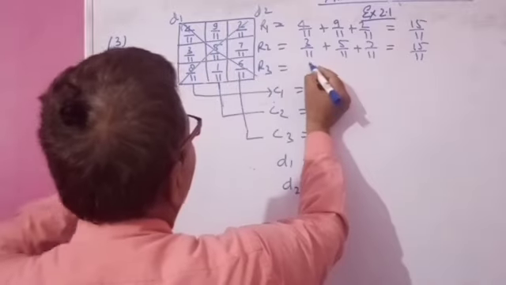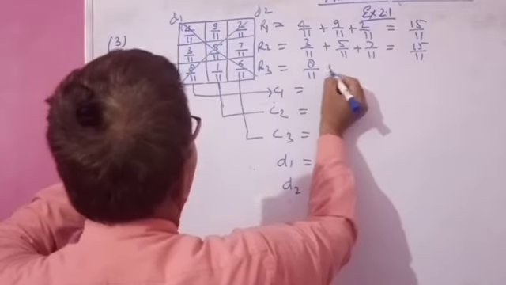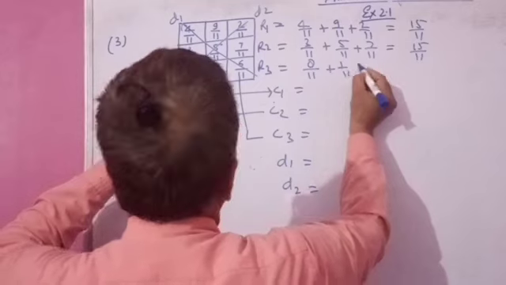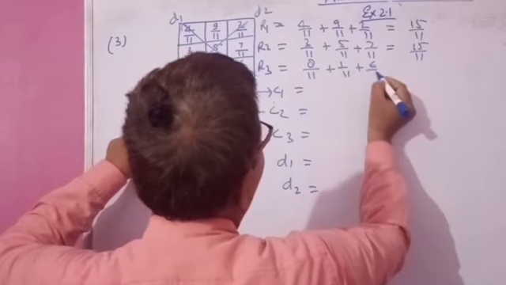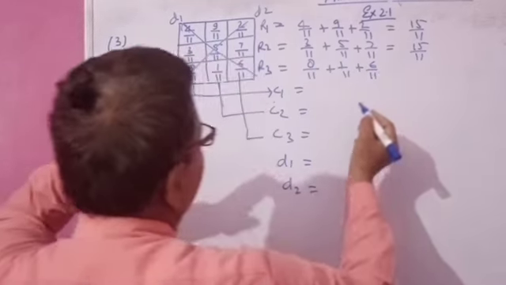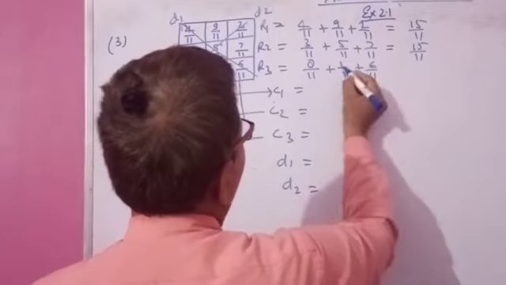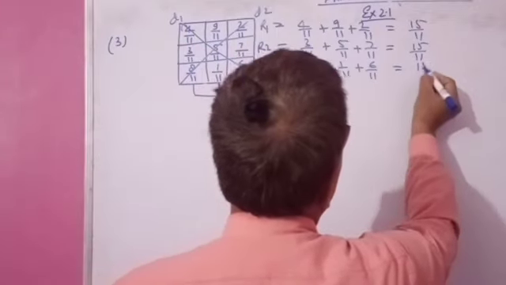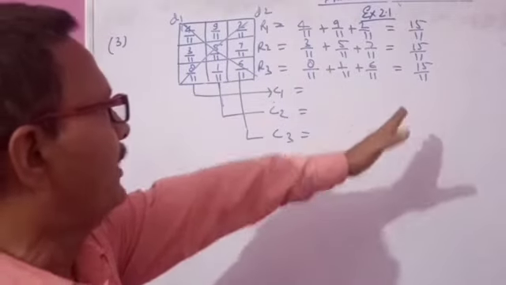And R3: 8 upon 11 plus 1 upon 11 plus 6 upon 11. 8 plus 6 is 14 plus 1, 15 upon 11. We are getting the sum of rows equal to 15 upon 11.